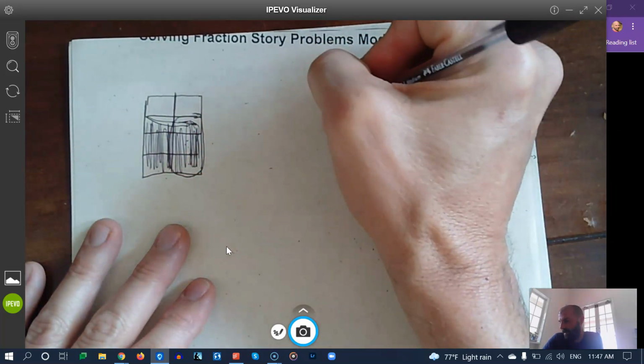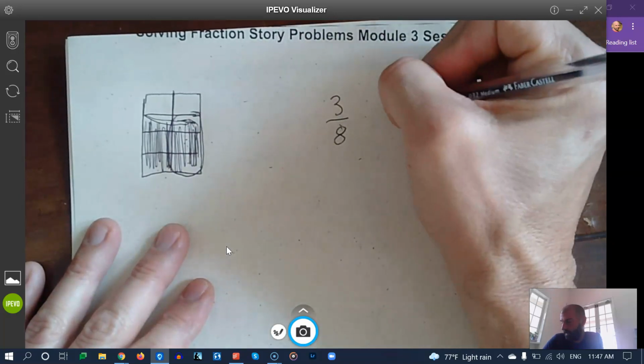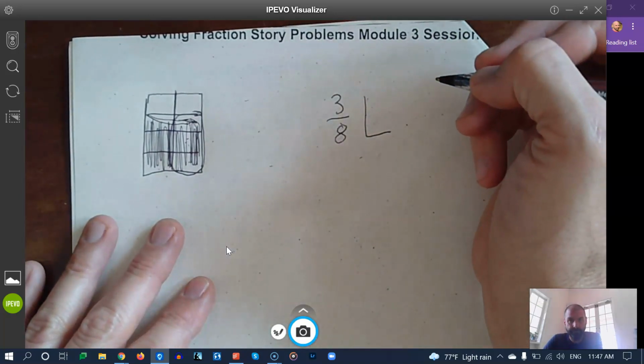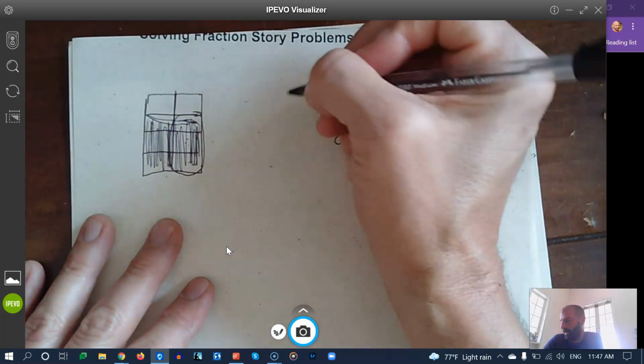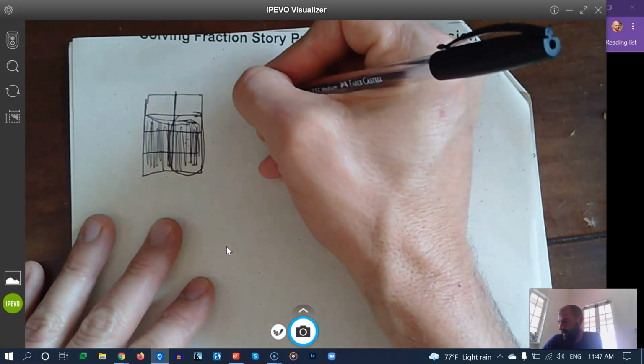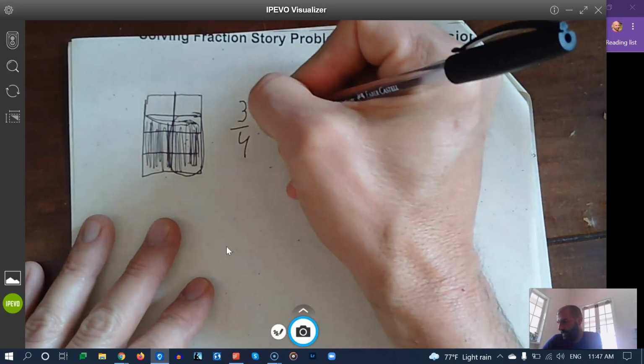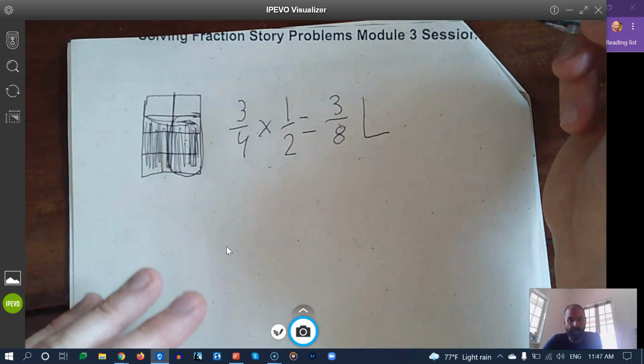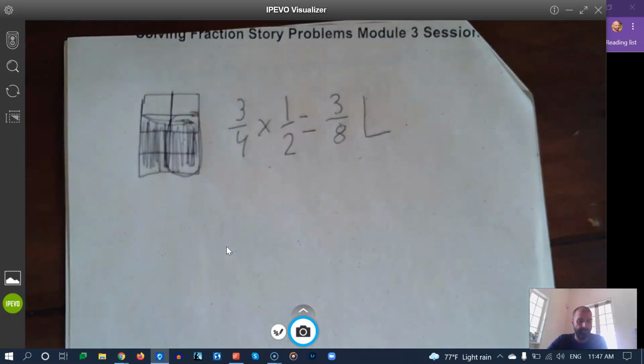So they're drinking 3/8 of a liter. So what's the equation? All right, the equation is 3/4 times 1/2, and that equals 3/8 of a liter. Let's go to the next problem.